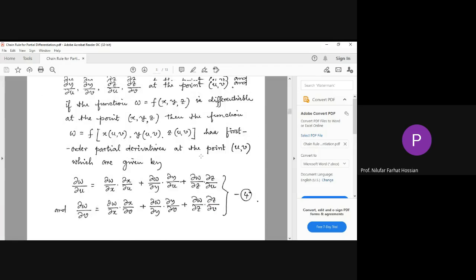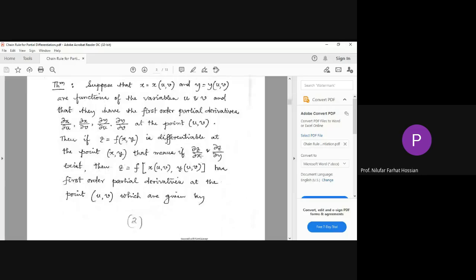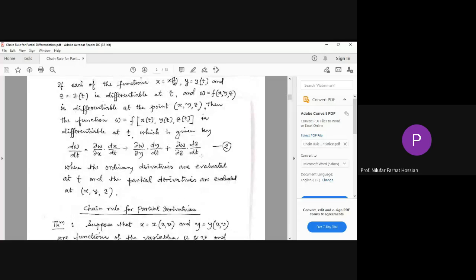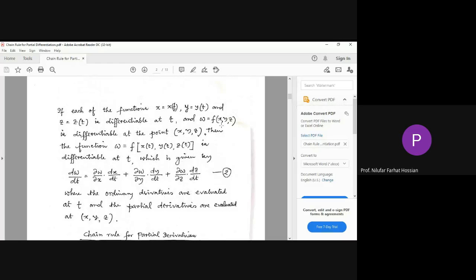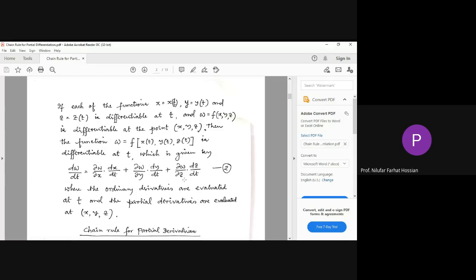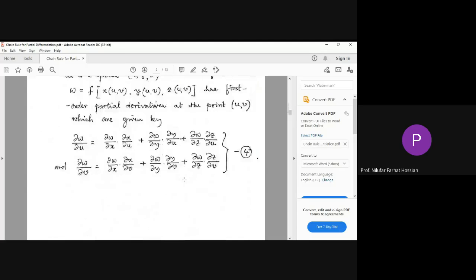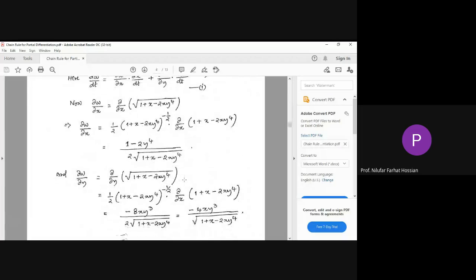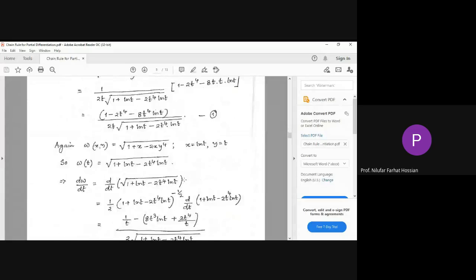So here we will have to use this one. There are three variables x, y, z, so you have to use this one. dw by dt equals this, number 2. It is in the next page.